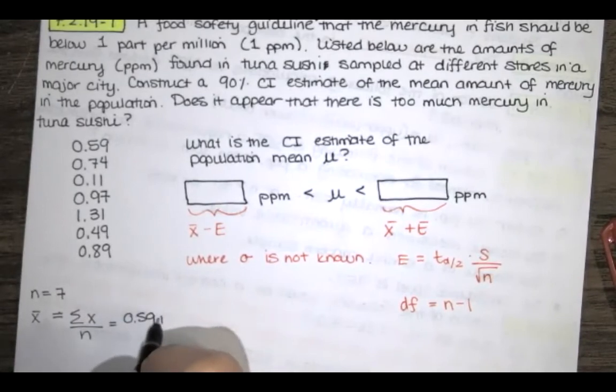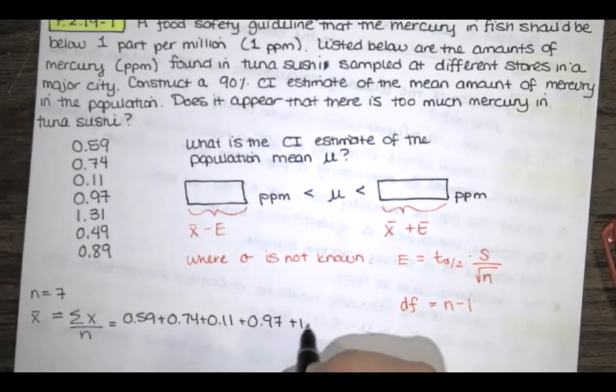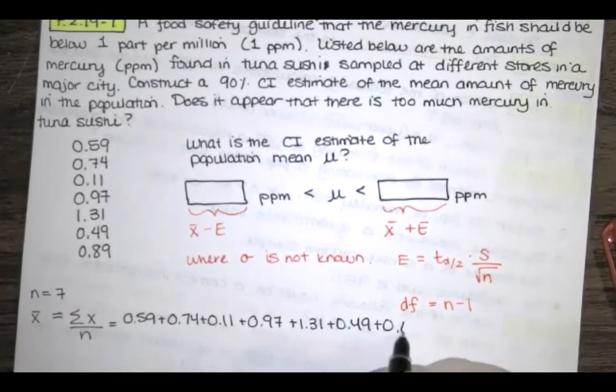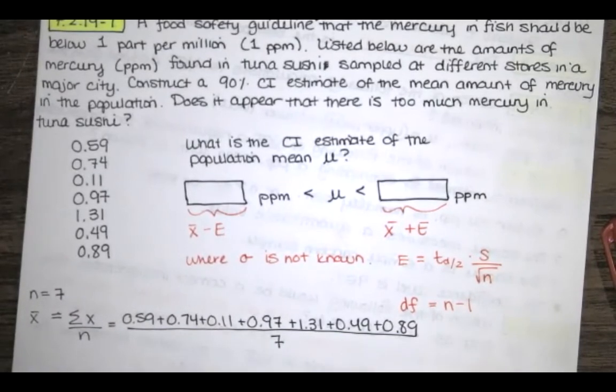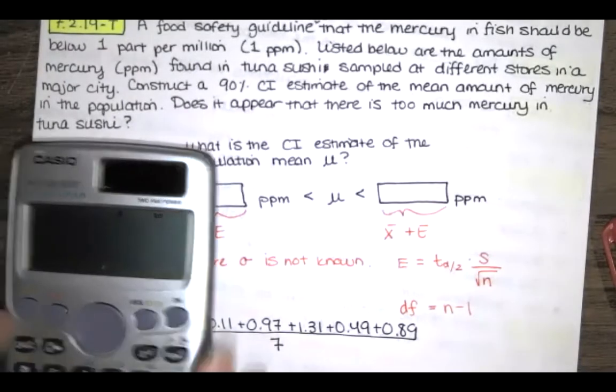So we'll have the sum of all of these values, and we're dividing by the sample size, which is 7. I'll use a calculator for that. I'll show you how to do this in Excel as well. It's much faster in Excel.